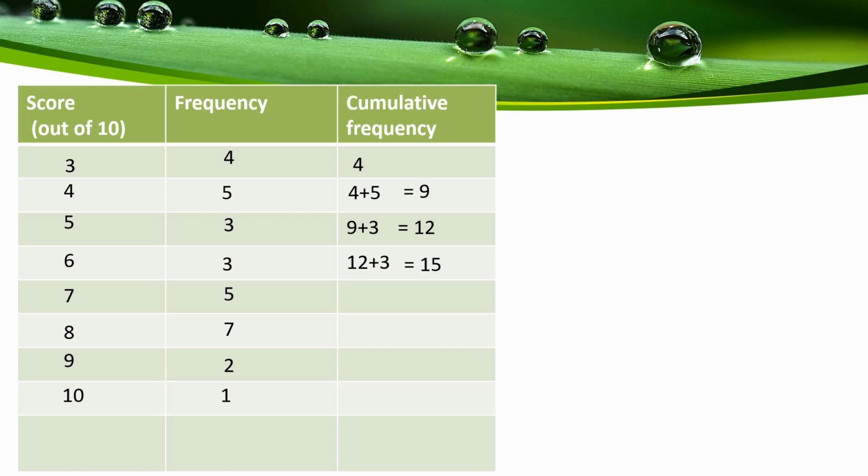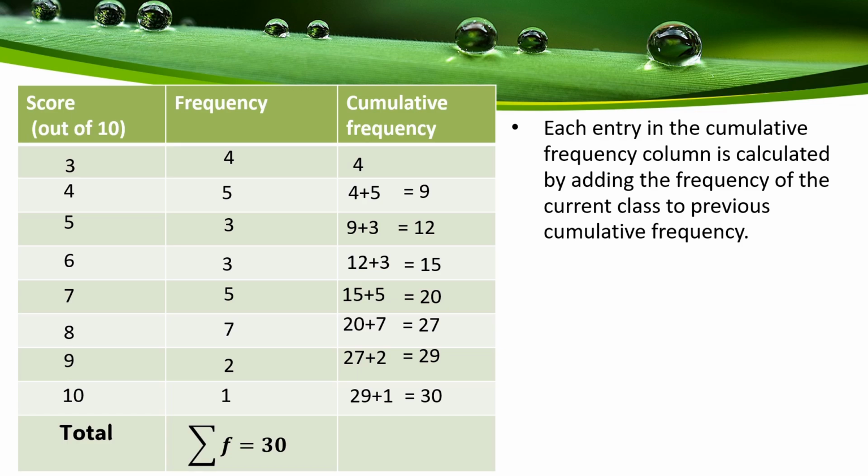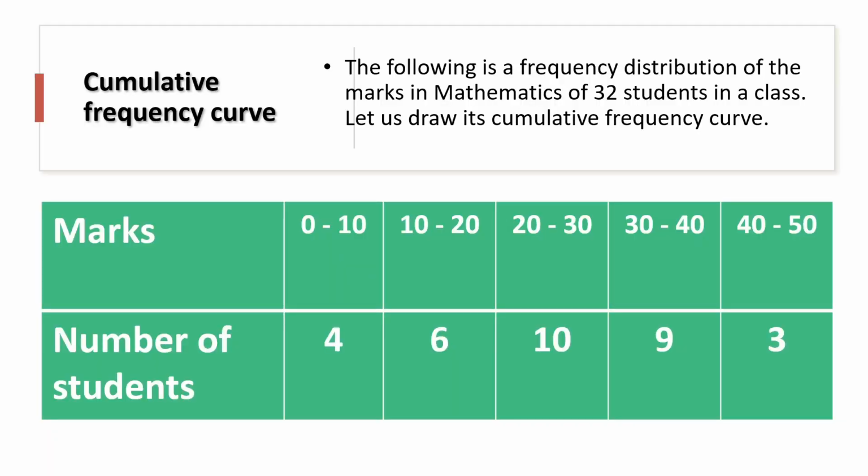Those who scored 7 or less: 15 plus 5, 20. Likewise, we can find the cumulative frequencies by adding previous frequencies. Finally, we get the total number of frequencies in the last row. That is why we call this a running total of the frequency. Understand?